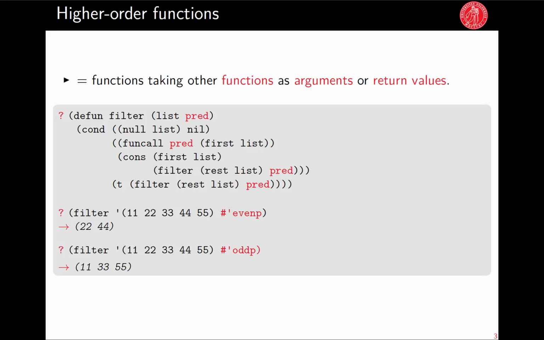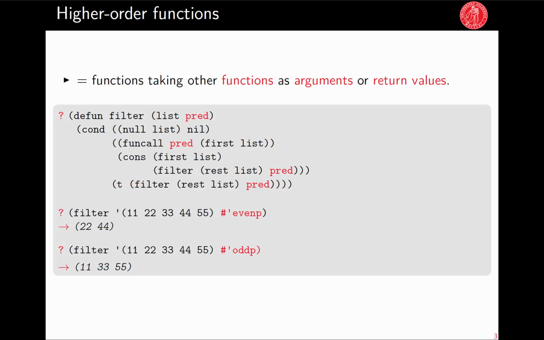So filter will take a list as input together with some predicate, and then applies the predicate to each element of the list in turn, and then returns a fresh list to us only consisting of those elements that actually pass the test. Only those elements from the original list for which the predicate returned true.